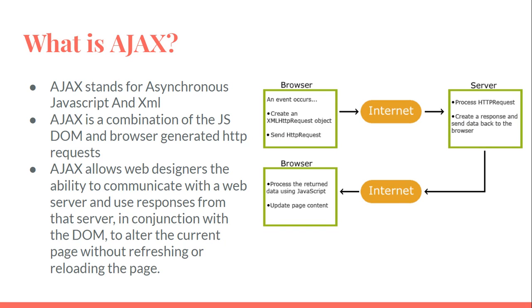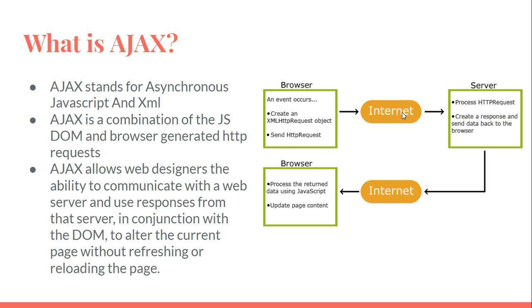So let's start by talking about what is AJAX. AJAX stands for Asynchronous JavaScript and XML. It's a combination of JavaScript using the DOM, and browser-generated HTTP requests. So if we look to the right over here, we can see what happens. We're in the browser, an event occurs, JavaScript creates an XML HTTP request, and the browser helps with that.